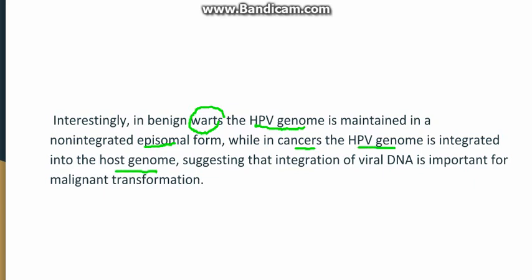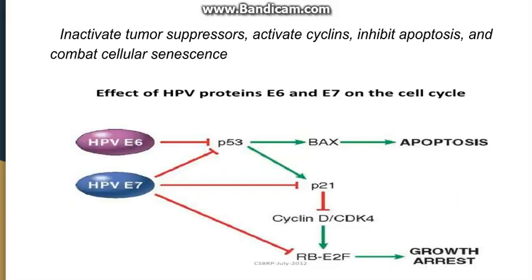the malignant transformation. Now, studying the various genes in the HPV which will lead to cancer, there is E6 and there is E7. Basically, what will they do? They will inactivate the tumor suppressors, they will activate the cyclins, they will inhibit apoptosis and combat senescence.